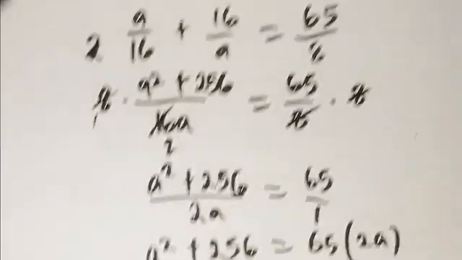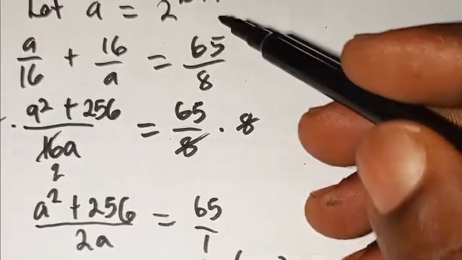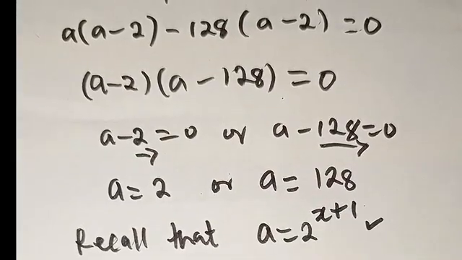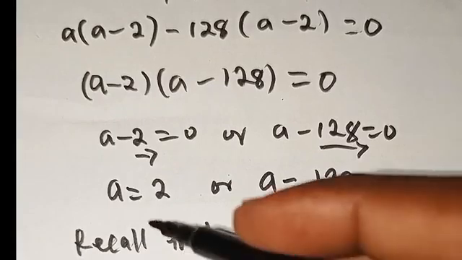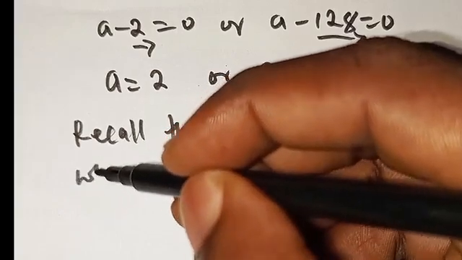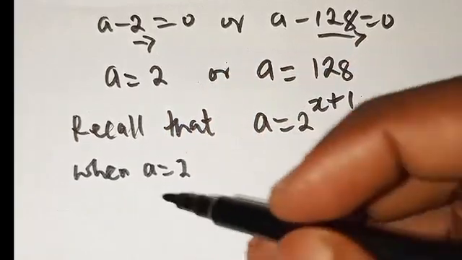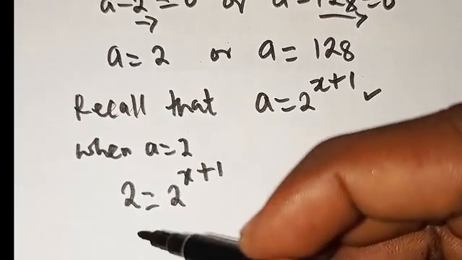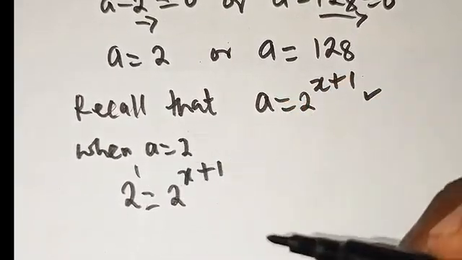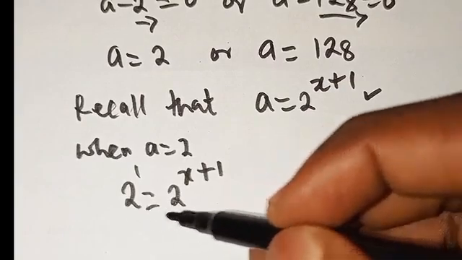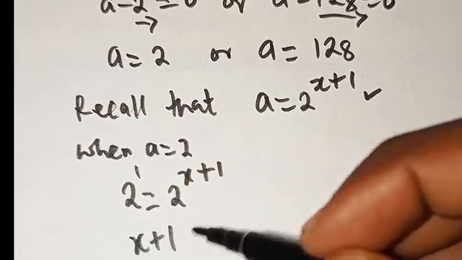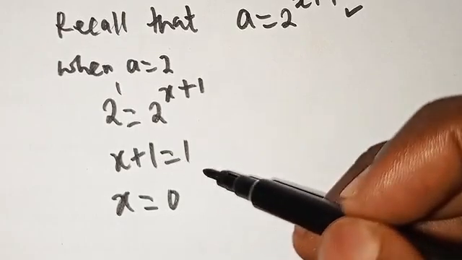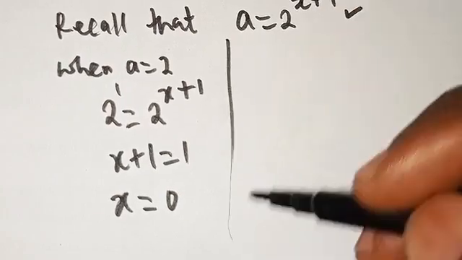Therefore, when a equals 2, we're going to have 2 equals 2 to the power of x plus 1. Then 2 is raised to power 1, so since we are having the same base, x plus 1 will be equal to 1. So here we have x equals 0.